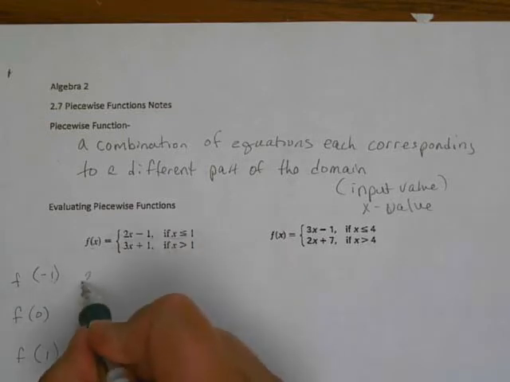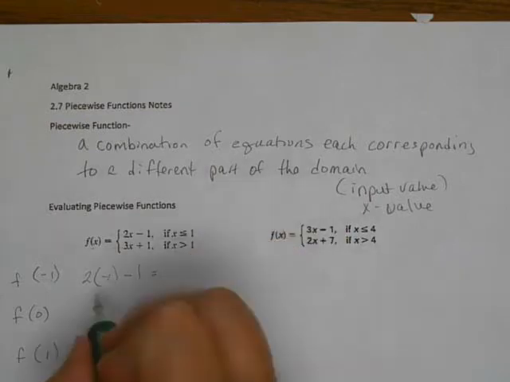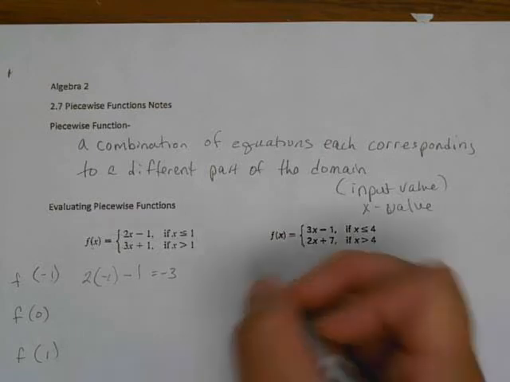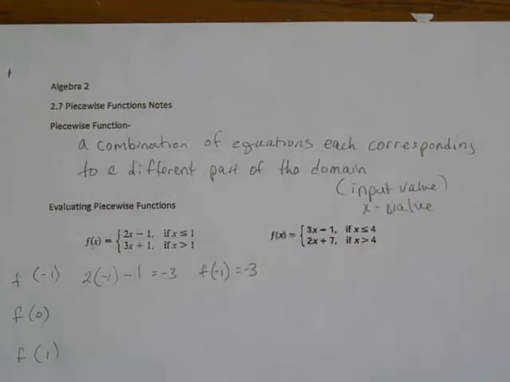So I would have 2 times -1 minus 1. So -2 minus 1, which is -3. So I could say f of -1 is -3. Now, this will make more sense the more we do, and once we get down to graphing, it'll tie together.